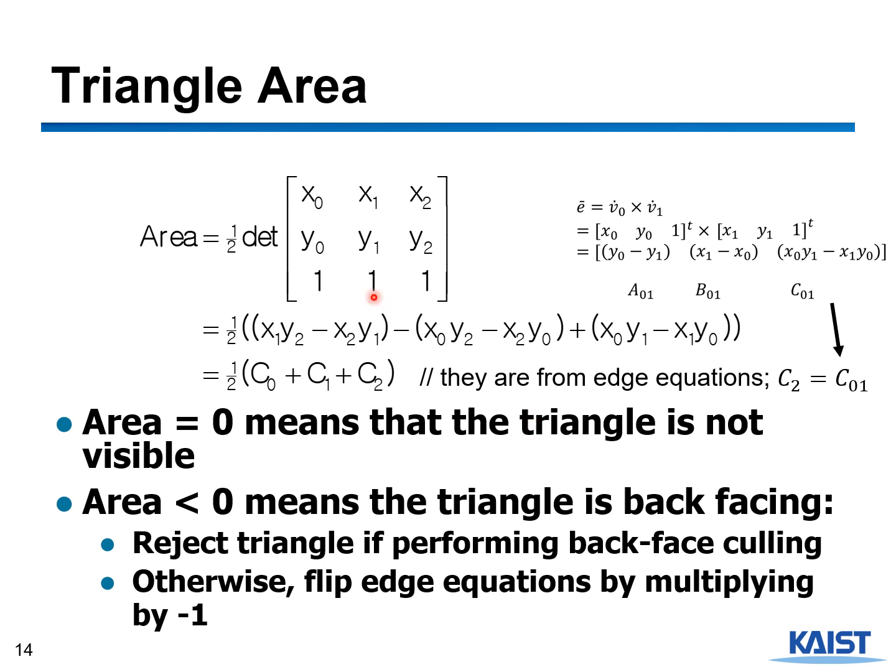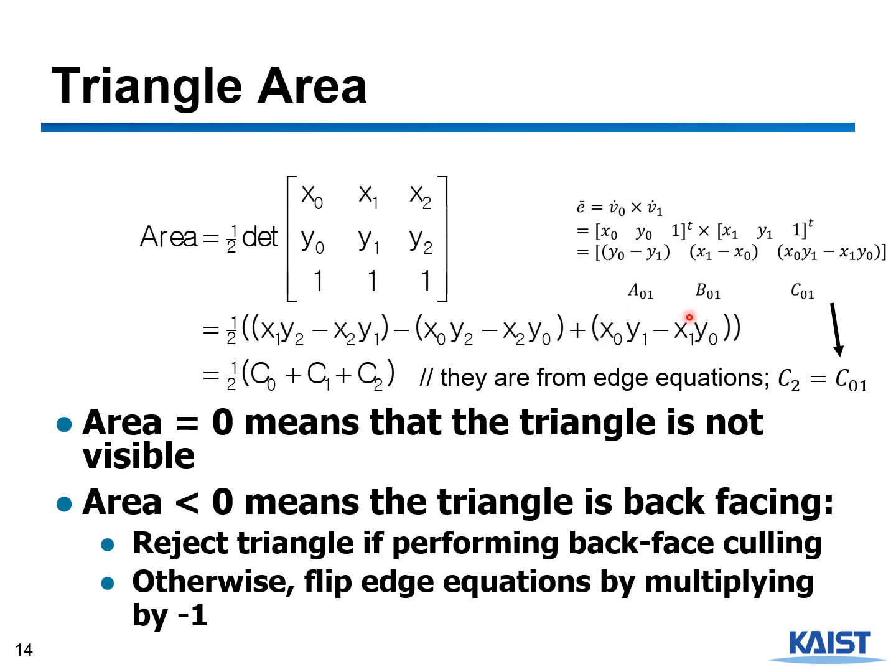But here let me briefly talk about the triangle area. There are many different ways of measuring the triangle area, but one equation is like this: half of the determinant of this one, then we get this equation. But surprisingly, these terms actually come from the edge equation.